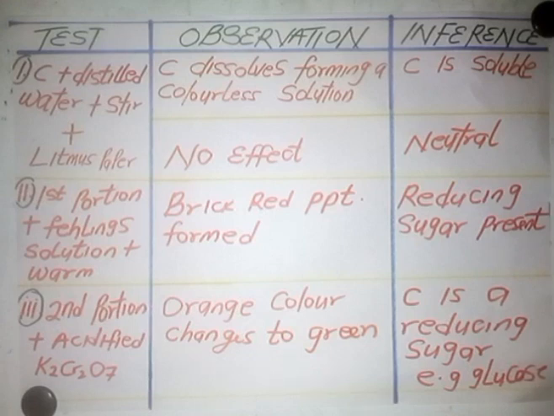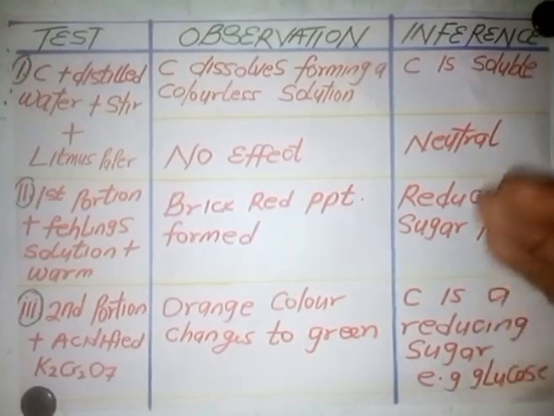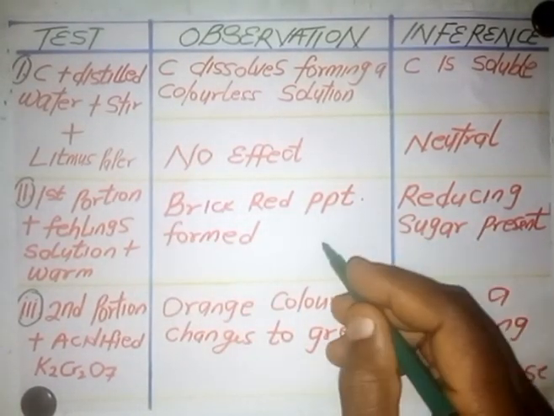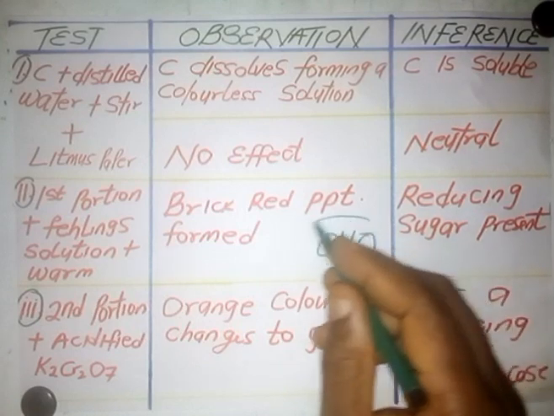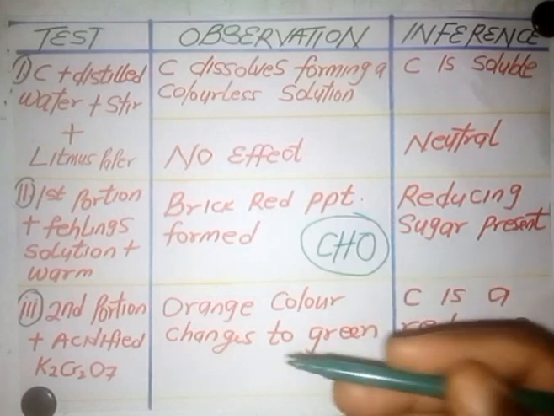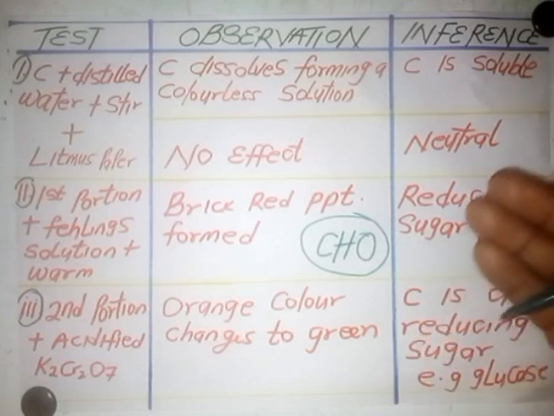And you should take note that the reason why glucose is having this kind of reaction is because of this functional group that is making glucose behave this way, because it is a reducing sugar.